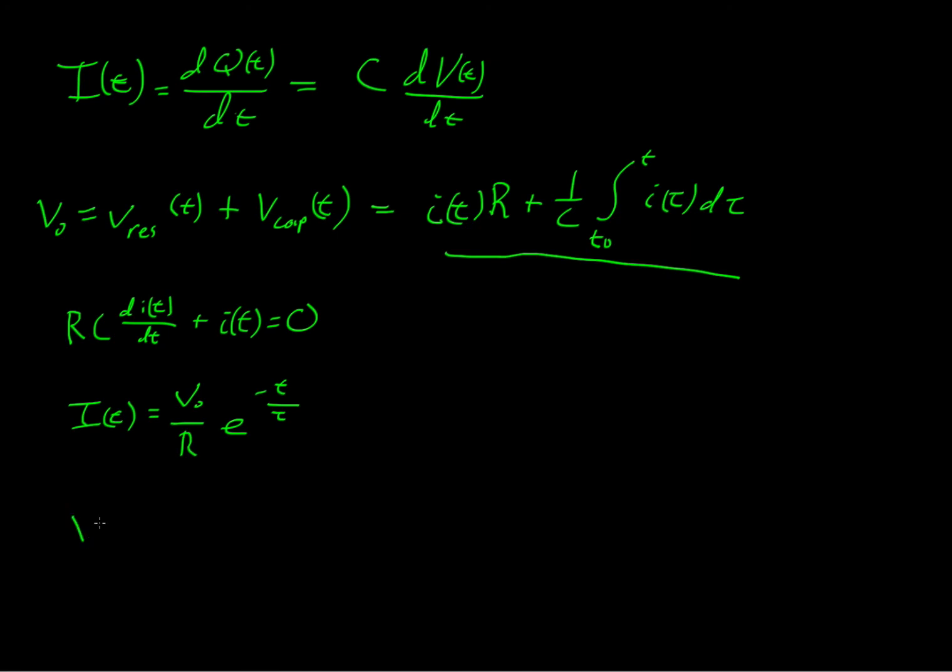Okay? And V of t is going to be given by V naught times 1 minus e to the negative t over tau. Okay? Tau equals RC. All right, so that is actually going to be your time constant. So RC is given as the time constant of the system.